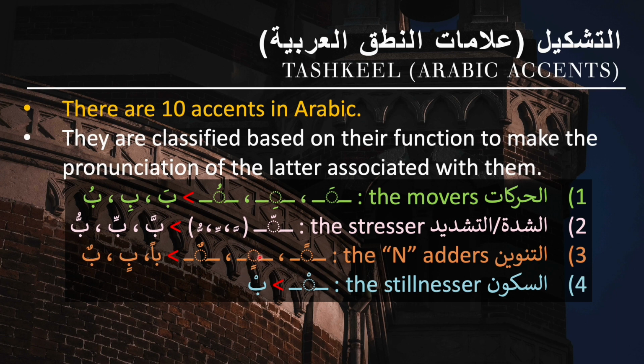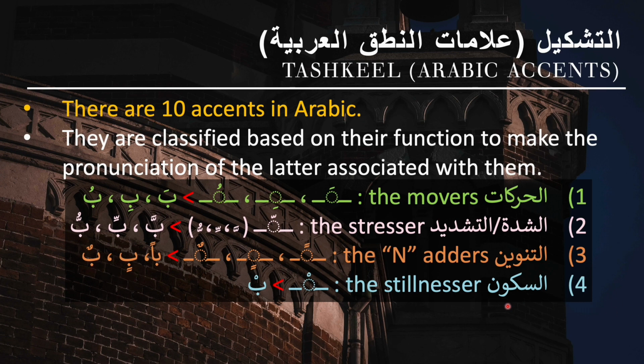That means the letter is pronounced with kasra and noon after it. When it's with dhamma, we call it التنوين بضمة, which means the letter is pronounced with dhamma and noon at the end of it. In the example here, we have ba, so ban, bin, bun. So here, let's do it with the movers alone, then with the others. Ba, bi, bu, ban, bin, bun.